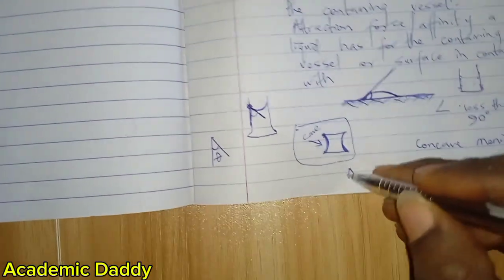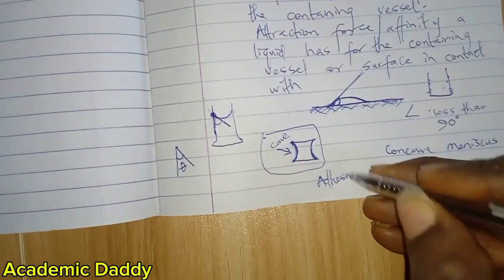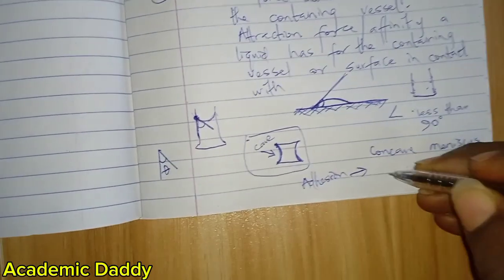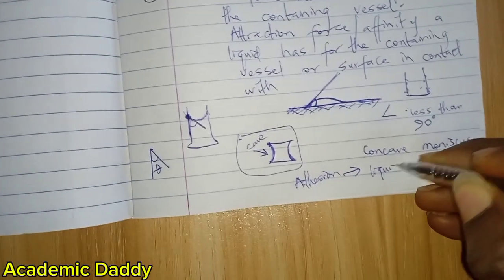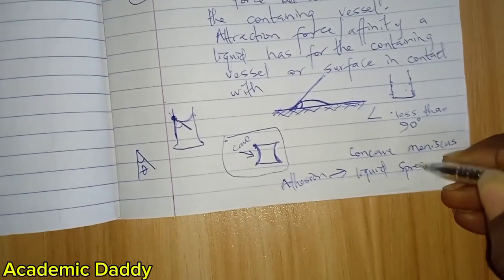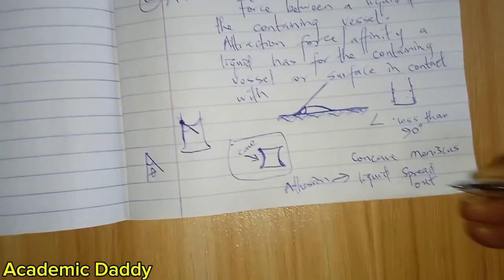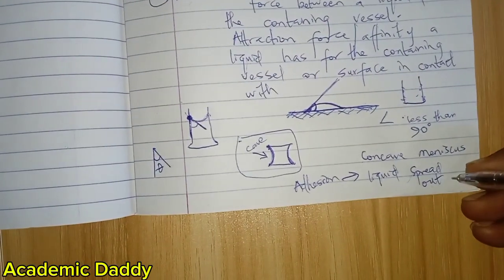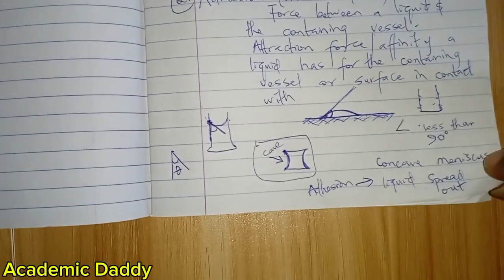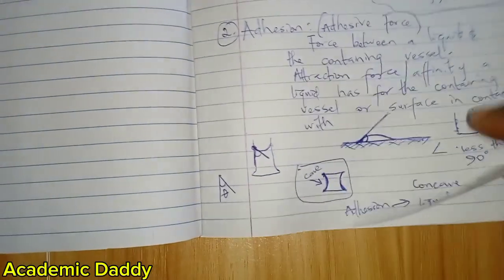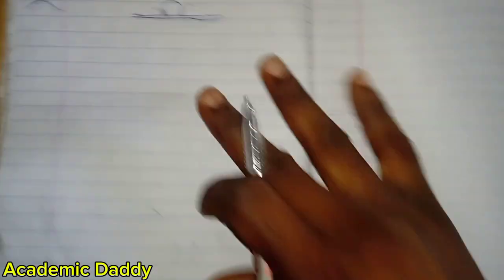So in simple terms, I want you to know that you can relate adhesion force with the force that makes liquid spread out, causing it to be attracted to the surface of contact. Why?